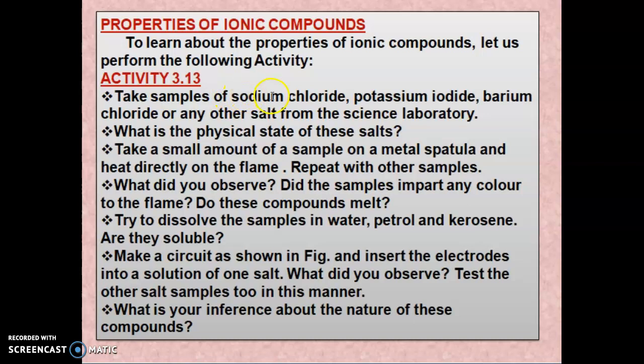Take samples of sodium chloride, potassium iodide, barium chloride, and any other salt from the science laboratory. What is the physical state of this salt? Take a small amount of sample on a metal spatula and heat it directly on the flame.